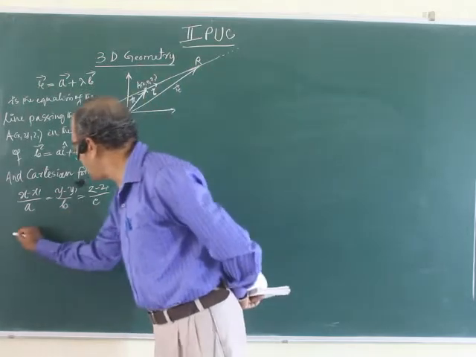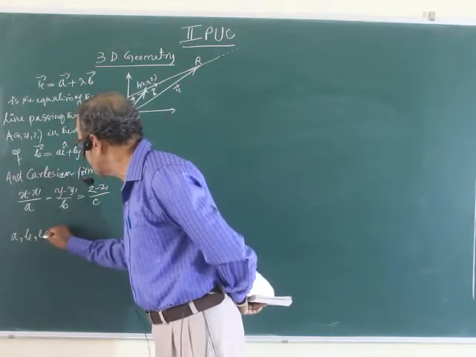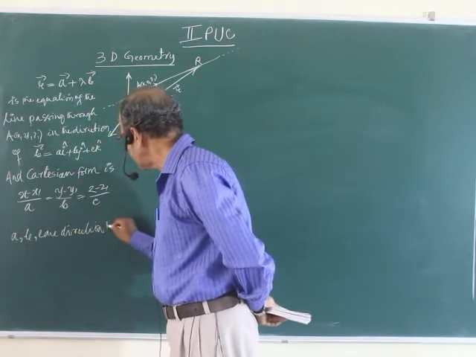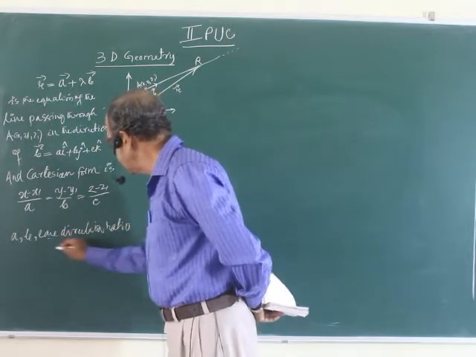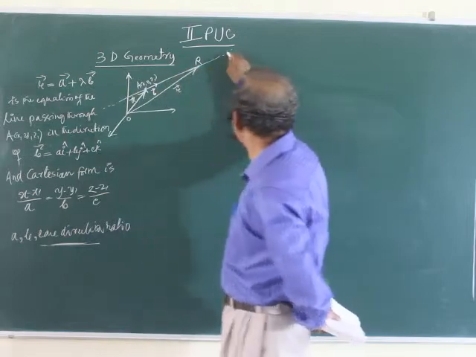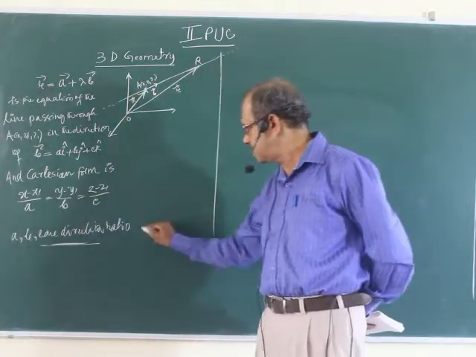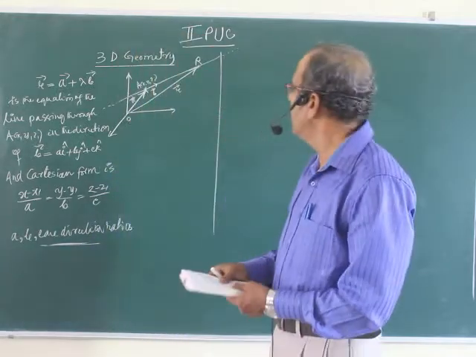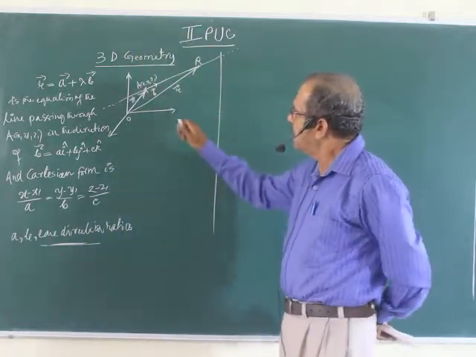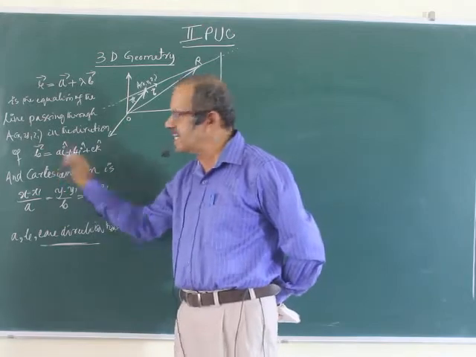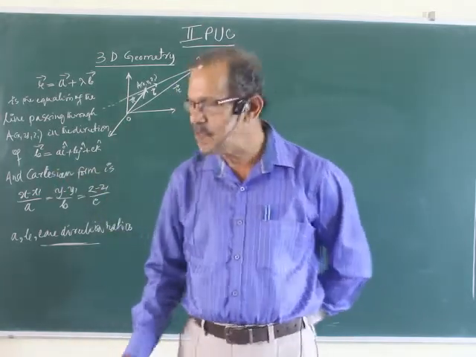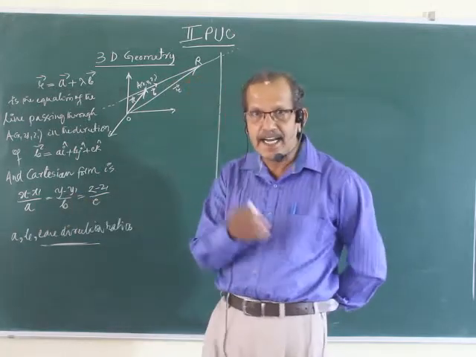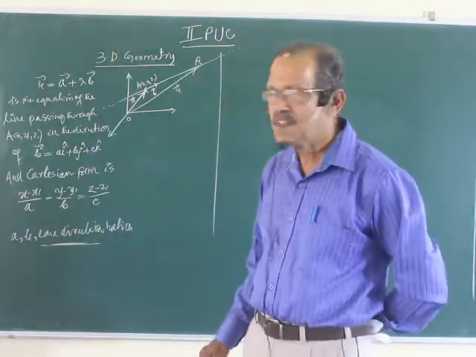Anyway, a, b, c are direction ratios. Okay, leave it. Let us take more and more examples after completing all the methods. Now, next part: the equation of the line is given, and this a, b, c direction ratio decides the direction of the line.